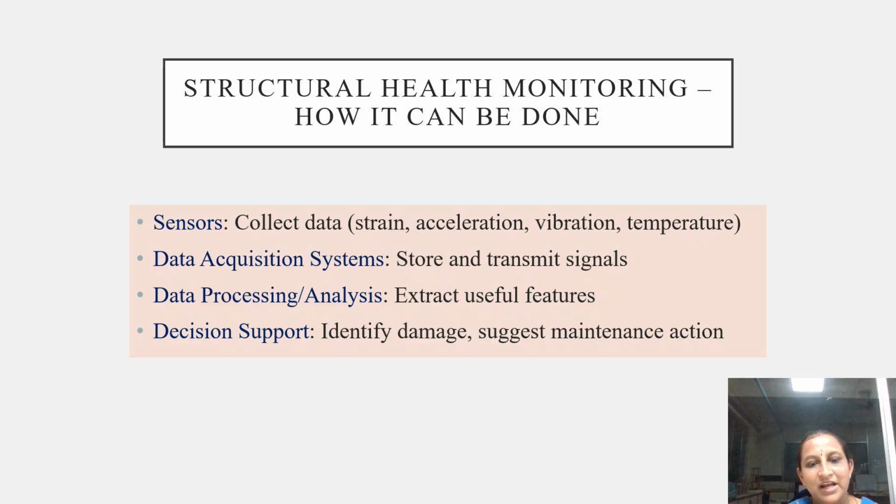Finally, based on the data collected and its analysis, decision support is provided for damage identification, and the maintenance action required is suggested based on the output obtained from the data processing and analysis.